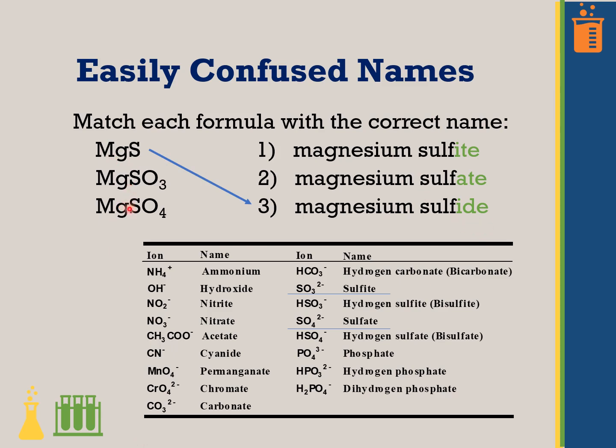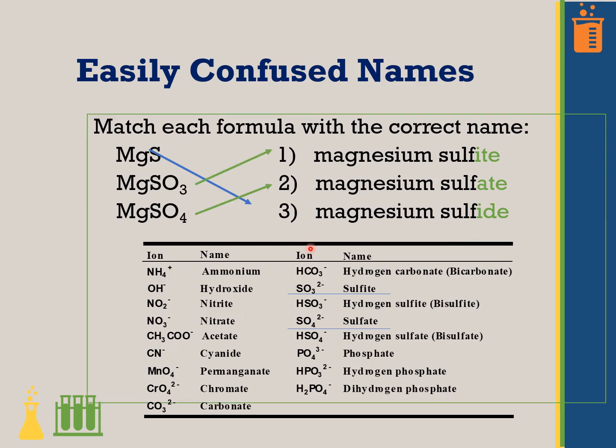In order to name these last 2, remember the ITE suffix means we have fewer oxygens, and the ATE suffix means we have more oxygens. So the ITE suffix goes with the one with fewer O's, and the ATE suffix goes with the one with more oxygens.